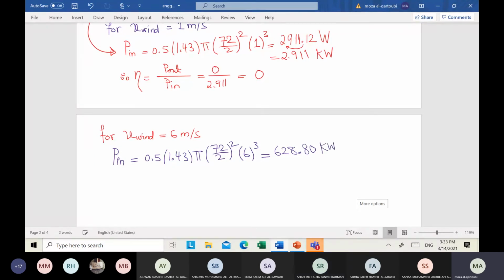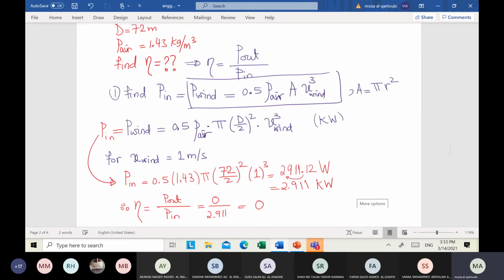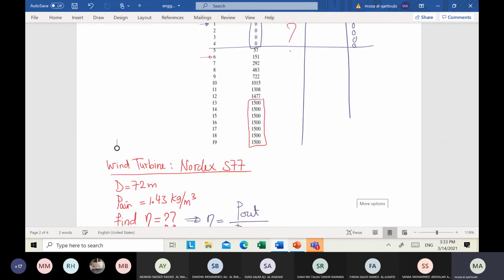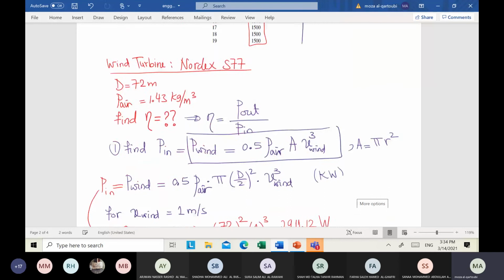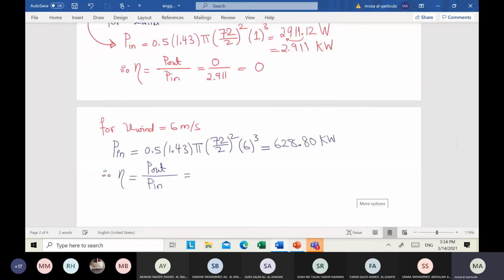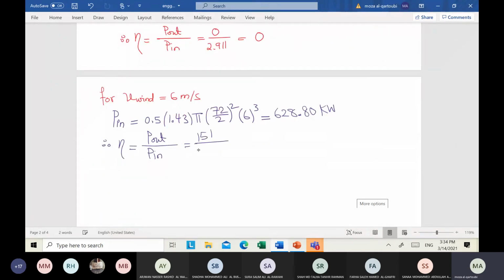Then efficiency will be P out again. We'll see now the value of P out from the table. P out at 6 meters per second of velocity is given as 151. So 151 kilowatt divided by 628.80.